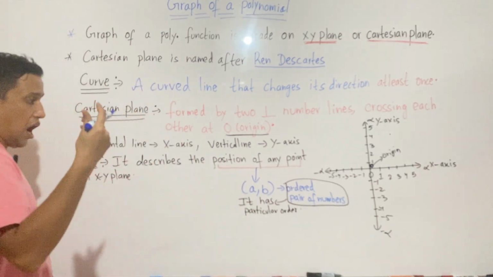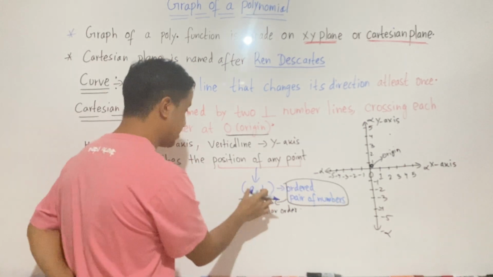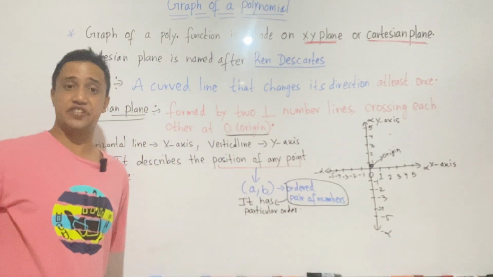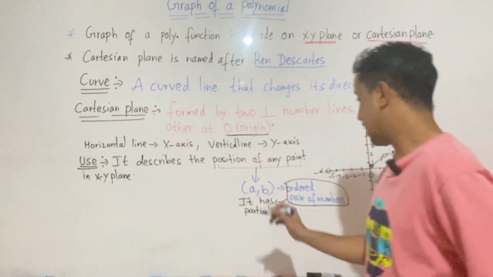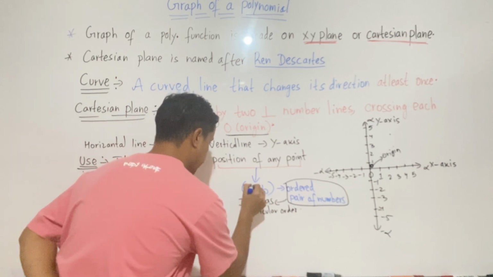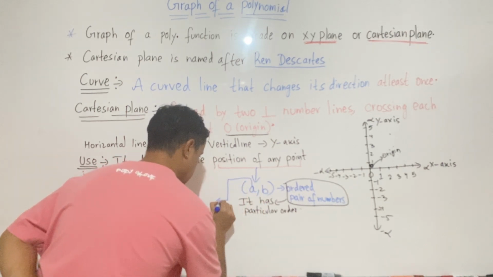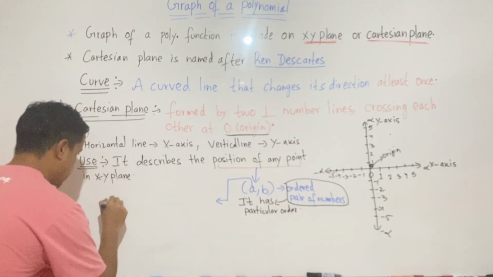Now within the parentheses, two numbers are written, right? So what does A represent?